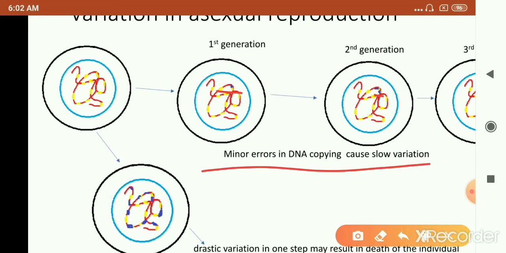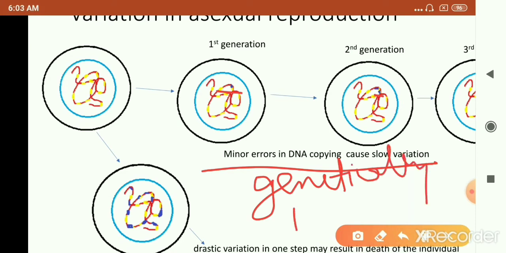So that's why we say in case of asexually reproducing organisms that the new individuals that are produced are genetically identical. They're almost like that of the parent, because the errors are minor.